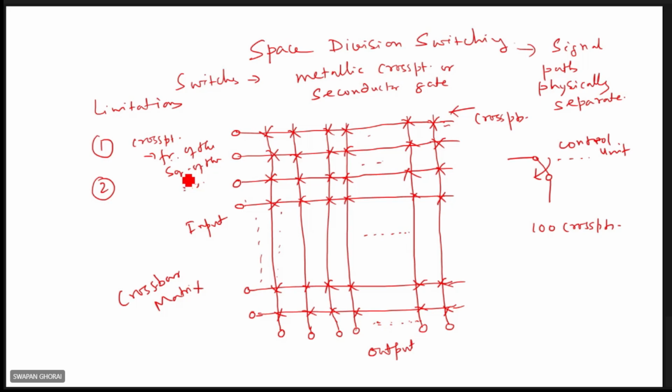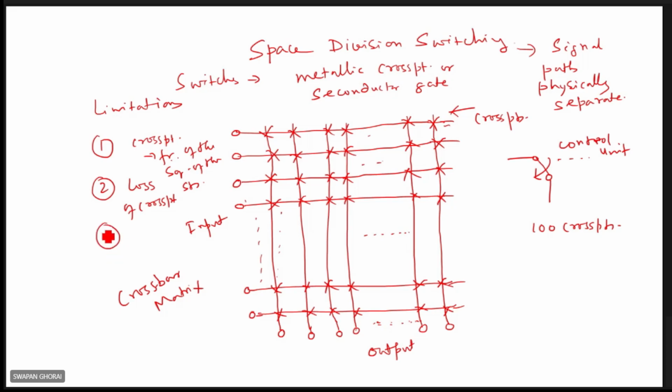A loss of a cross point will prevent the connection between the two devices.